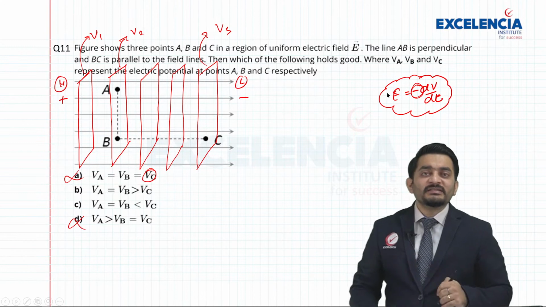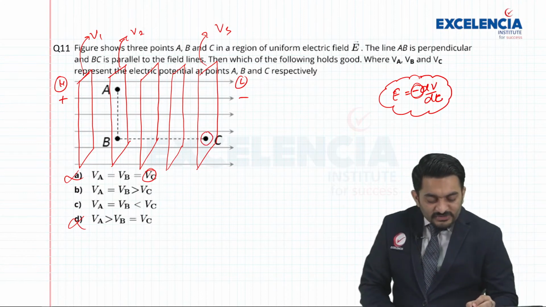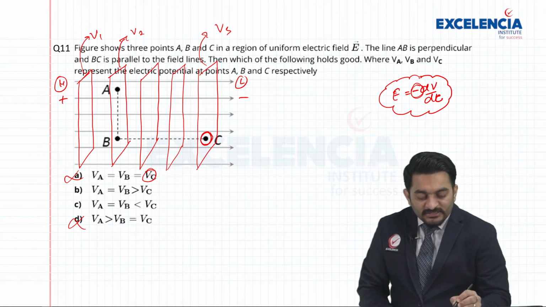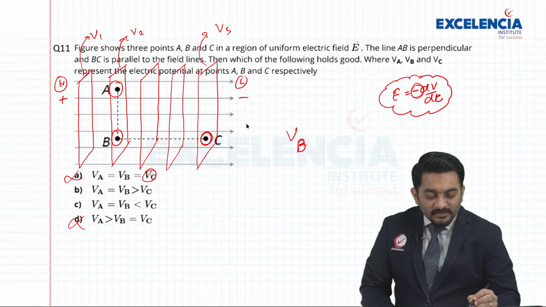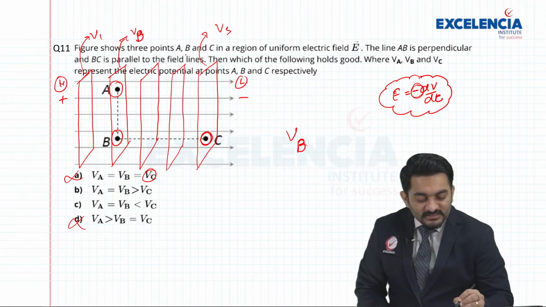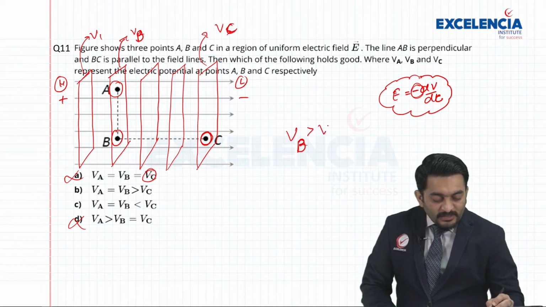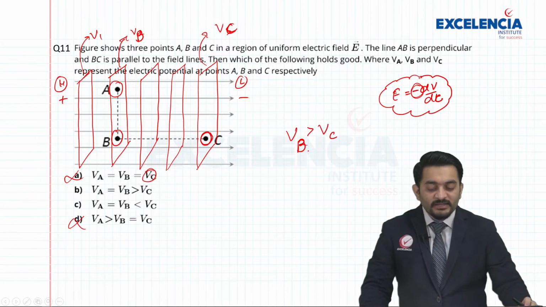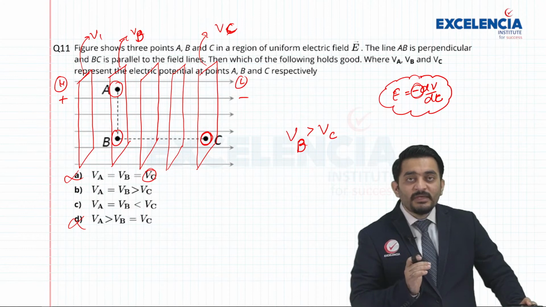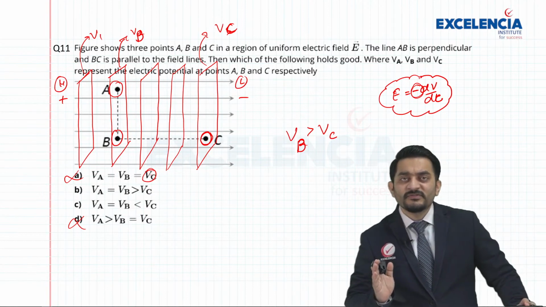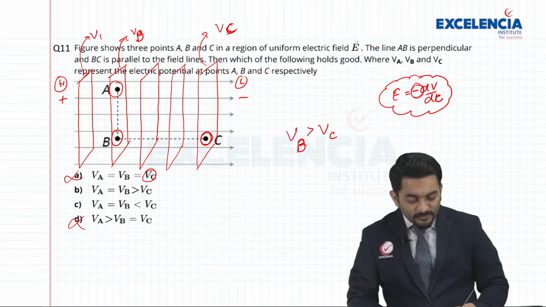That means the potential at point B, which I have written V2, should be more than the potential at C, because my second plate, which is AB, is very close to the positive charge and the plate C is far away. So definitely for that particular plate your potential is going to be high.